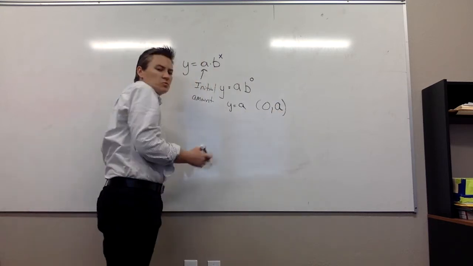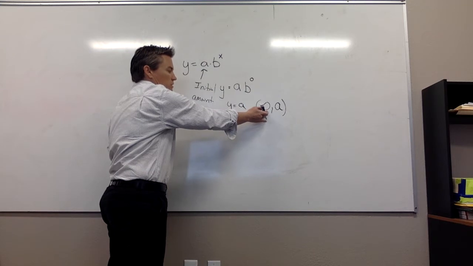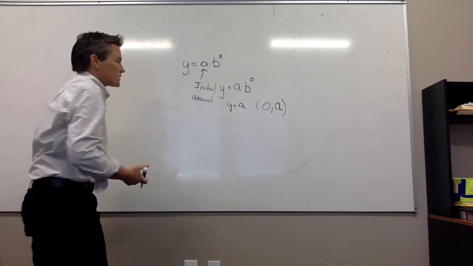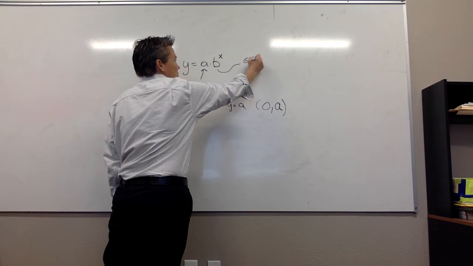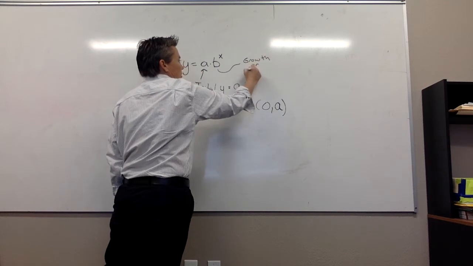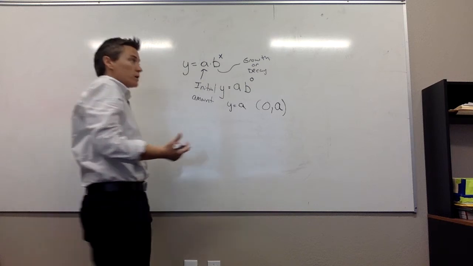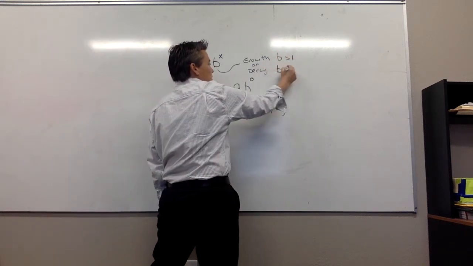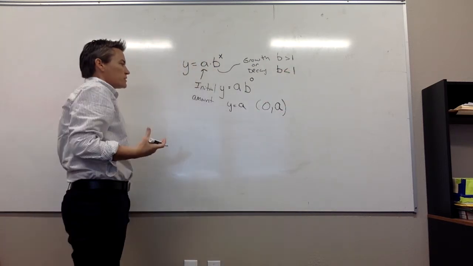And again, when your x value is 0, you've also identified your y-intercept. So b represents your growth or decay rate. It represents growth if your b value is greater than 1, and it represents decay if b is less than 1. So let's take an example.